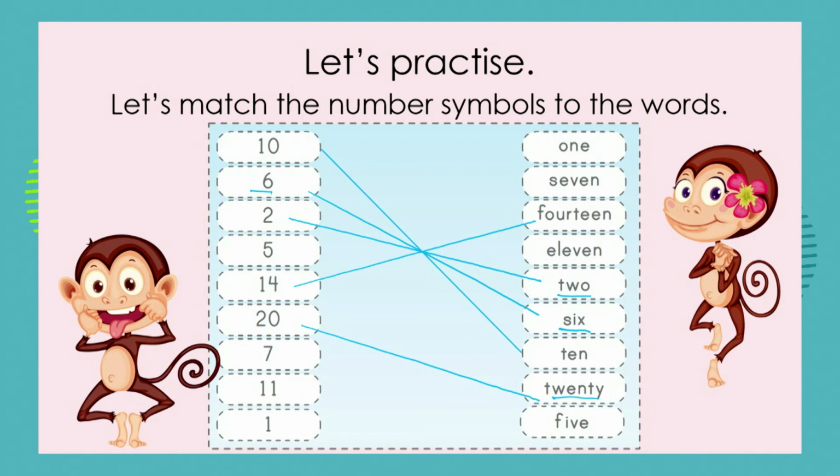The next one is going to be number 7. So draw a line from 7 to the word over there. The next one is 11. And our last example is 1.